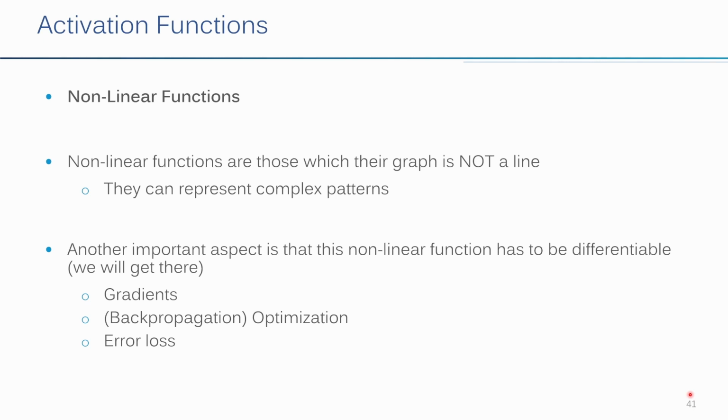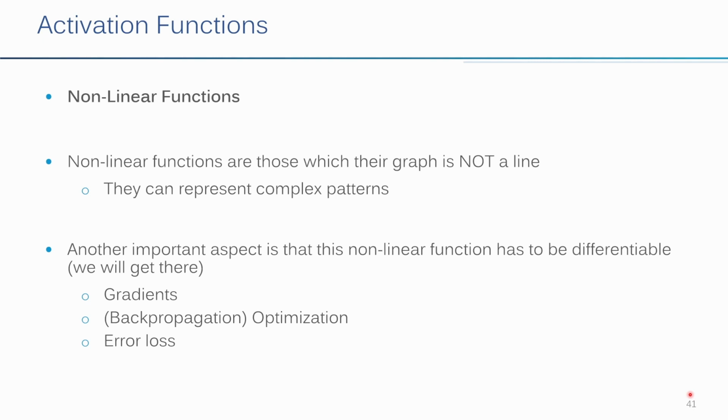And then, all in all, of course, a nonlinear function is one whose graph is not a straight line. So those examples that we saw before are pretty much not that case, right? Another important aspect is that this nonlinear function, as we just described, has to be differentiable.